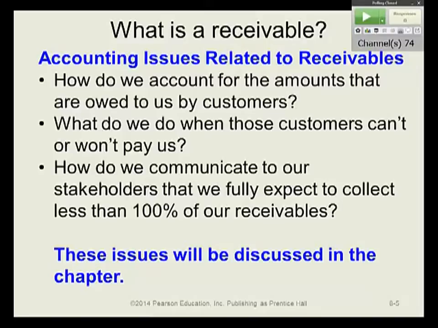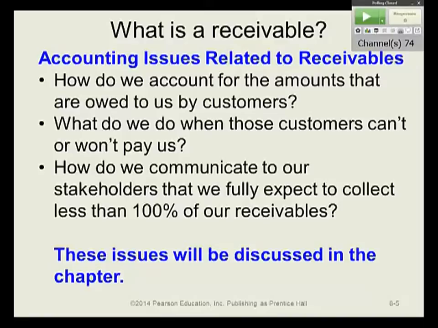And again, remember that receivables are on the balance sheet. And the bad debt expense is going to be on the income statement. So the question is, what's the proper valuation of the receivable, and what is the expense that we incur?